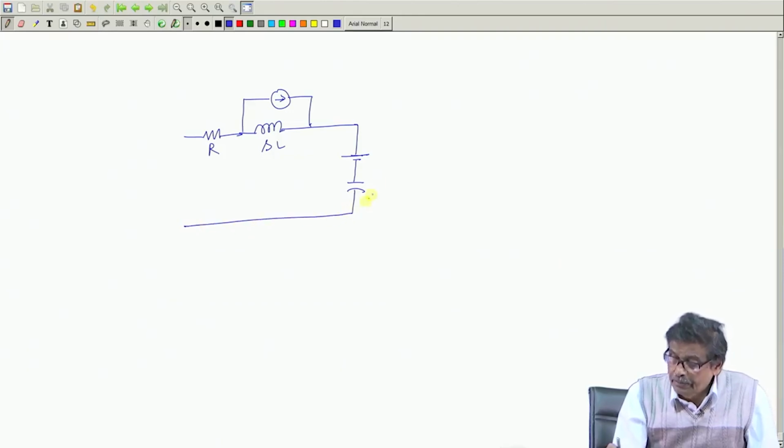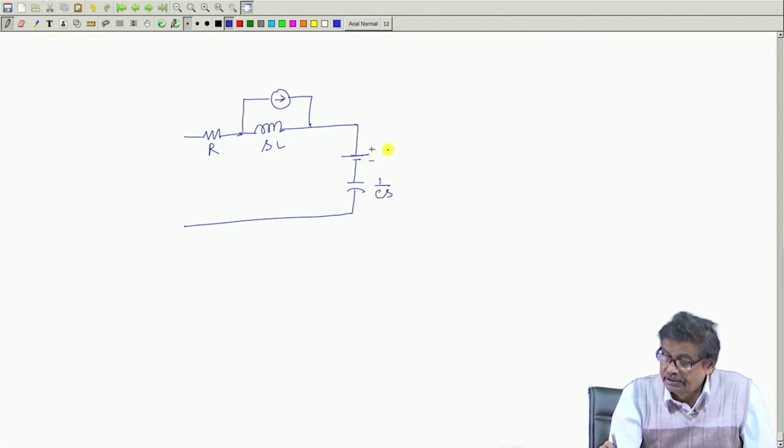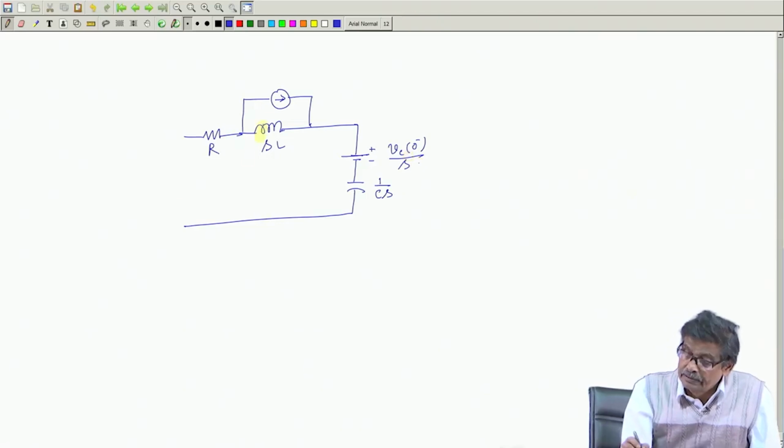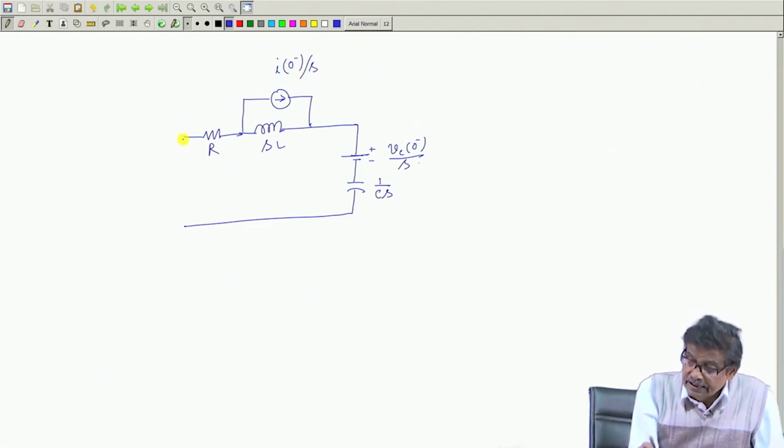If it is an uncharged capacitor, then only you can write it as 1 by Cs, and the initial voltage across the capacitor will be taken into account like this, which is Vc 0 minus, a number, divided by S. Similarly, this will be I 0 minus divided by S, and then here is your supply voltage, Laplace transform Vs.